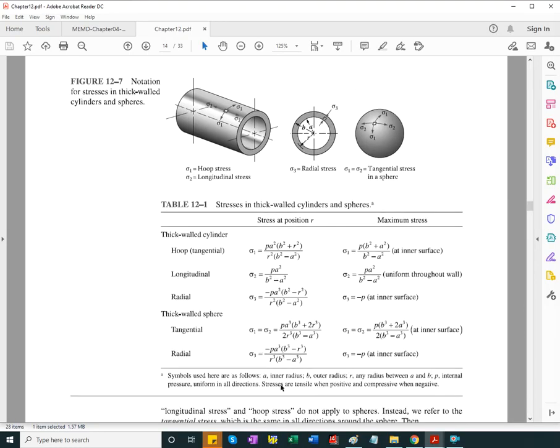For spheres, the tangential stress is also maximum to the inside surface. You just make R equal to A, and then the radial stress likewise varies from maximum compressive to a 0 value to the outer surface.